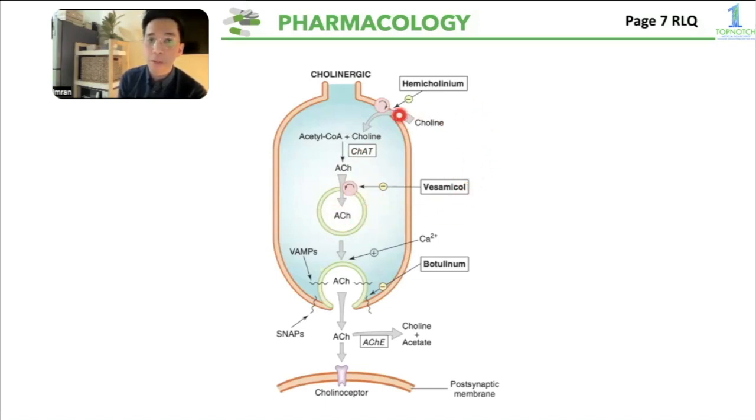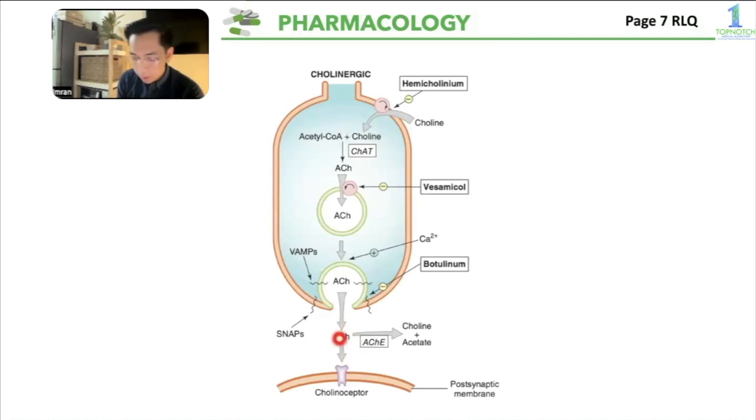So again, hemicholinium is for the entry, vesamicol is for the transporter, and when you need your acetylcholine in the periphery, you need to release it. Your vesicle should fuse with the lipid membrane of the synaptic neuron, and then your acetylcholine is released to the synaptic cleft.